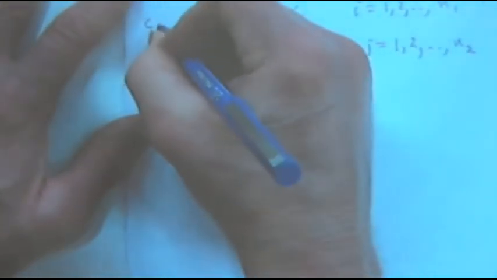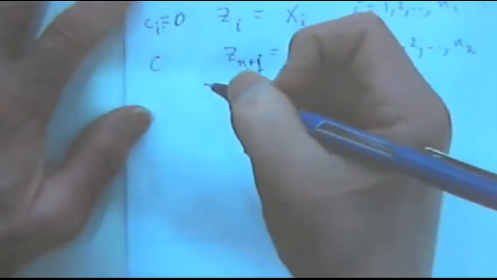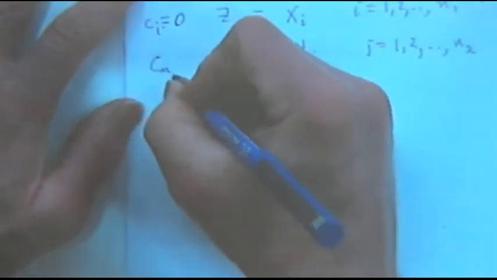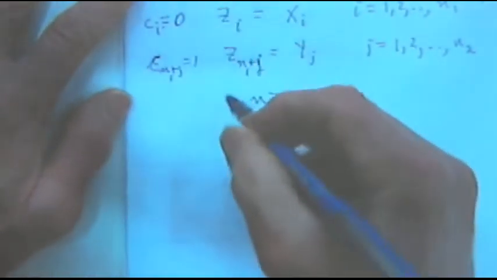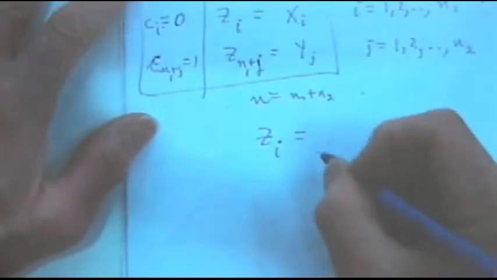And then we have c sub i equals 0, and this is c and 1 plus j. So I have two, right? Z's and c's. Then I can write it this way.